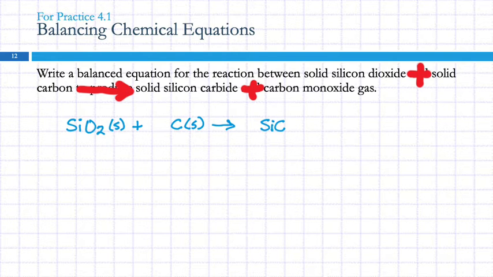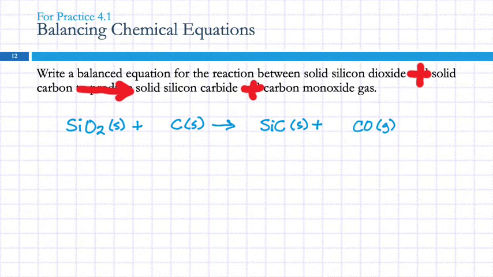So it doesn't work anymore, but I used to be able to ask Siri, what's the formula for silicon carbide? And she'd say SiC. S-I-C. It was fun, but she didn't do it anymore. So that's a solid. And carbon monoxide gas, what's the formula for that? CO. And we need to make sure that that O is a capital O, and this is a gas.